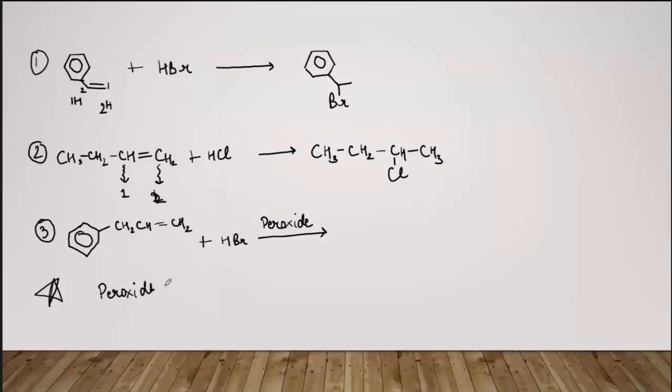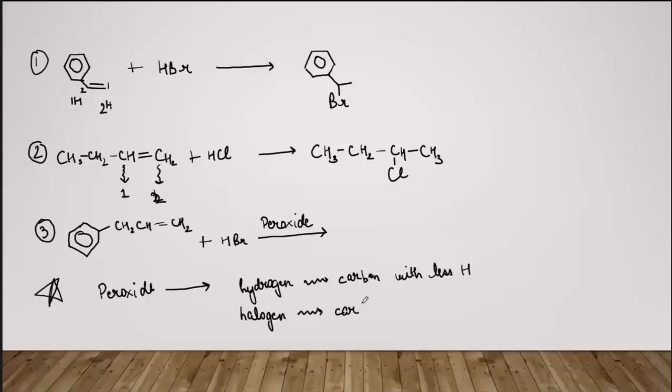So, in the presence of peroxide, what you get is that the hydrogen will attach to the carbon with less hydrogen, and the halogen will get attached to the carbon with more hydrogen.